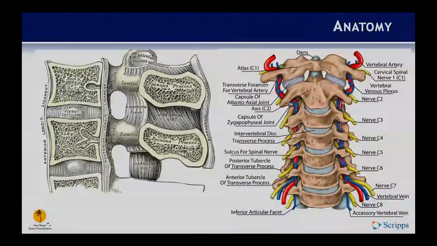Looking briefly at the anatomy here, on the right side, you can see our vertebrae as well as our disc, uncovertebral joints, and then obviously the proximity of the neural elements and vascular structures. And then on the lateral on the left, this gets into a little more specifics.